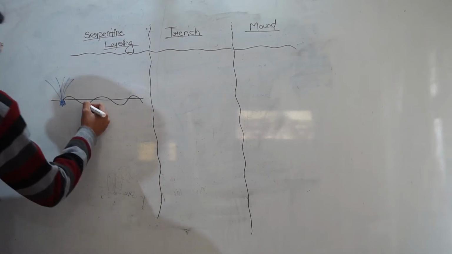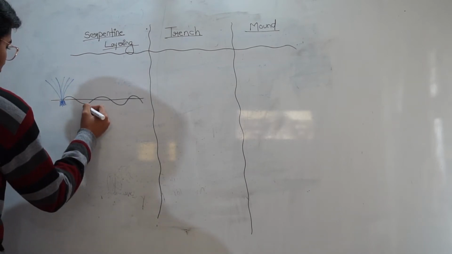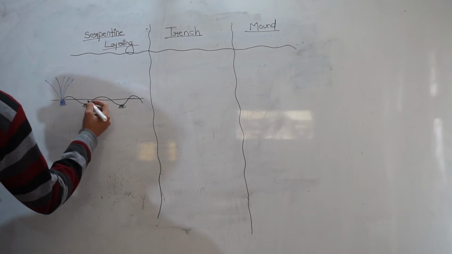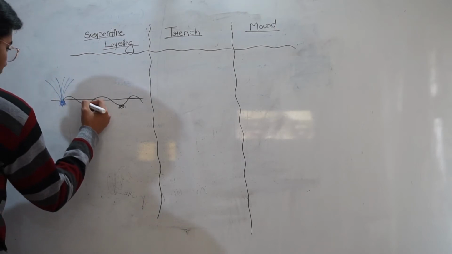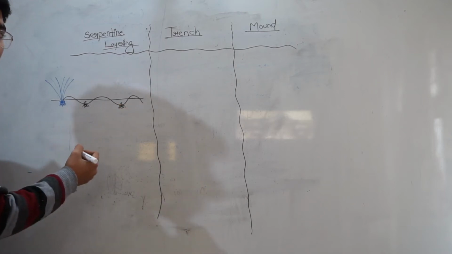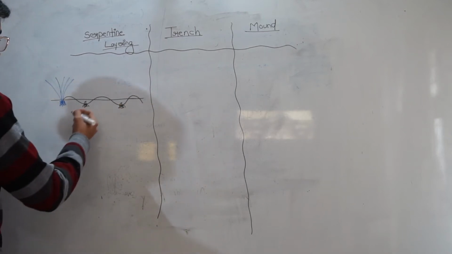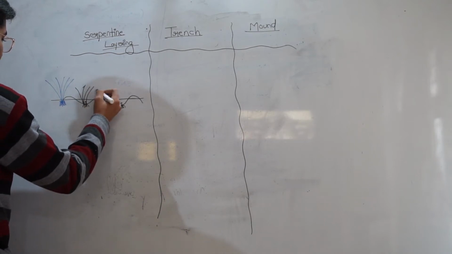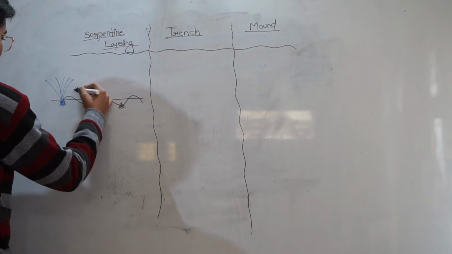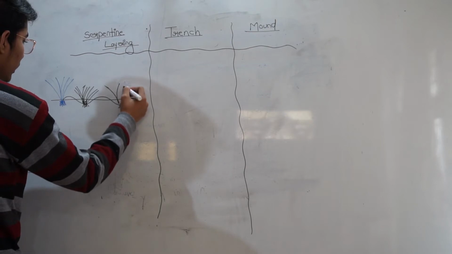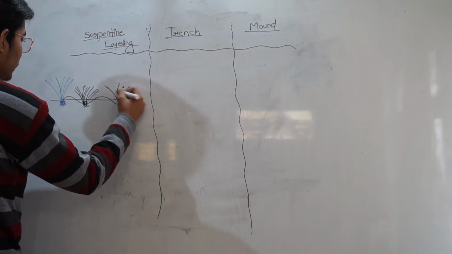So there will be adventitious roots here in the underground layering, and let's say there is the presence of a bud. Due to the presence of auxin, the growth hormone, this bud will sprout and produce a shoot system.